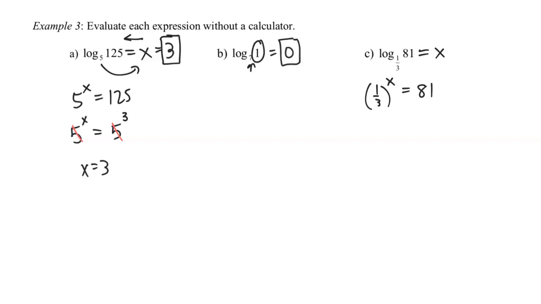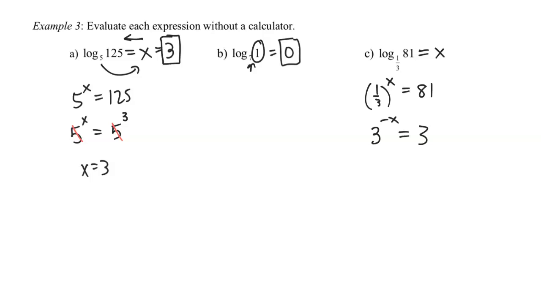The common base that we want on both sides is 3, so 1/3 is going to be 3 to the -1 because it's a reciprocal right now. To make it not a reciprocal, I'm going to put a negative in the exponent, and so that'll be 3 to the -x is equal to 3 to what power is 81?